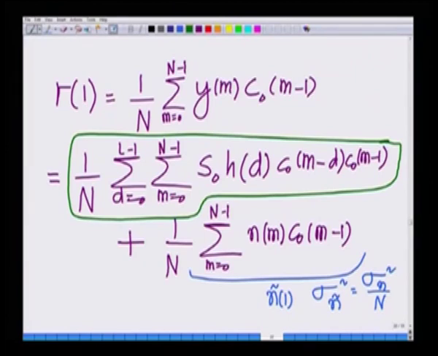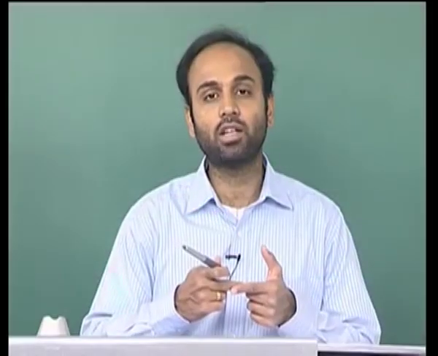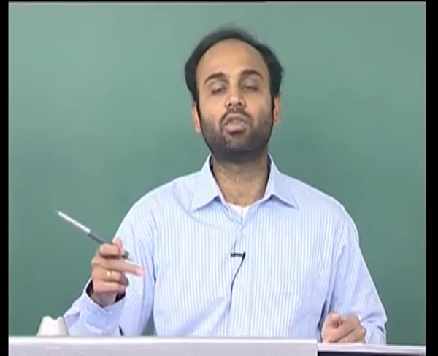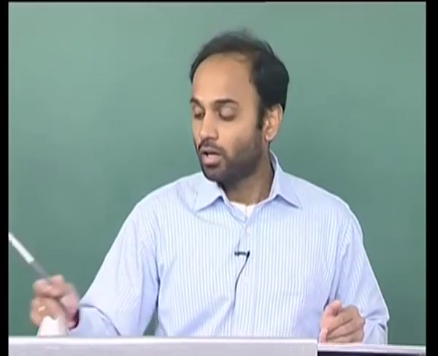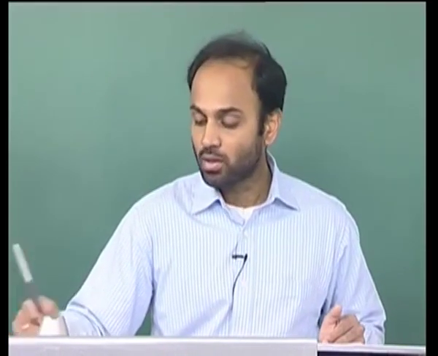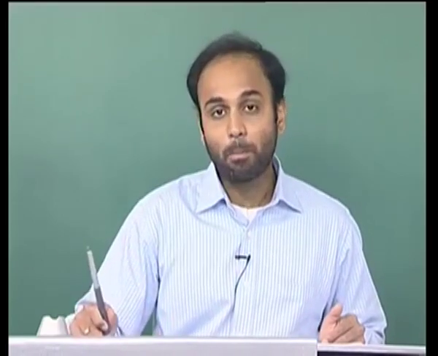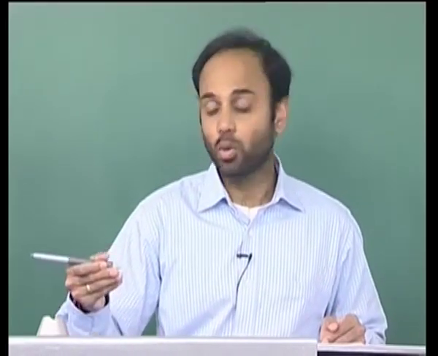Otherwise, for any other value of d, this will look like a random correlation between two sequences, like R00 of d minus 1, which is 0. It only survives if d equals 1, in which case it becomes C0 of m minus 1 squared, which is 1. Hence, the summation is n divided by n, which is 1. Hence, this will pick the path corresponding to H1.